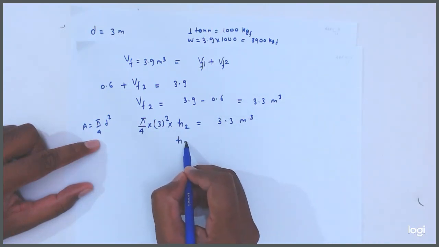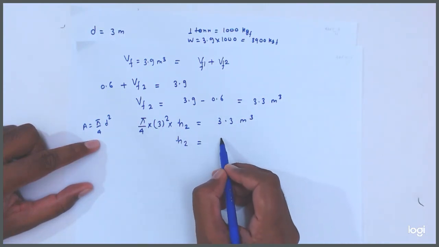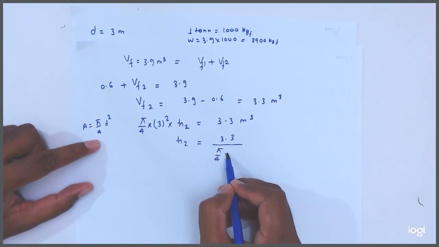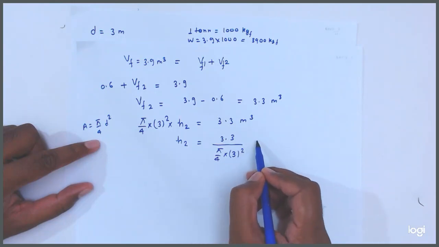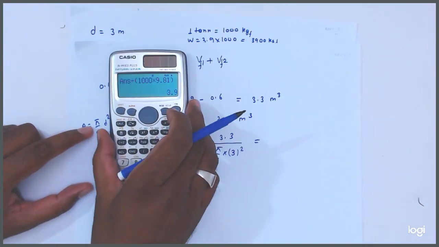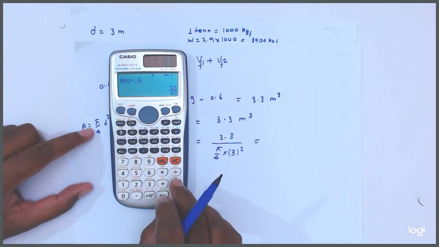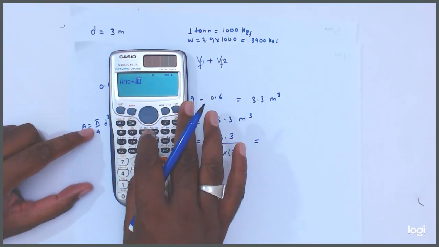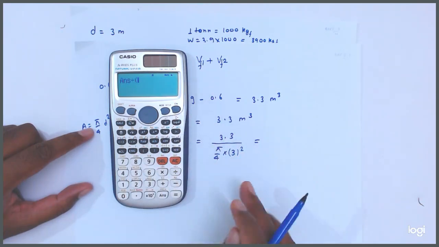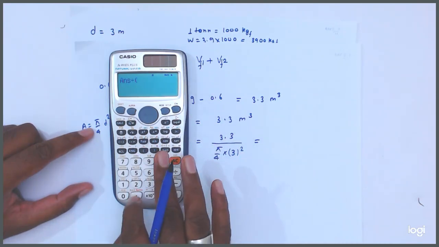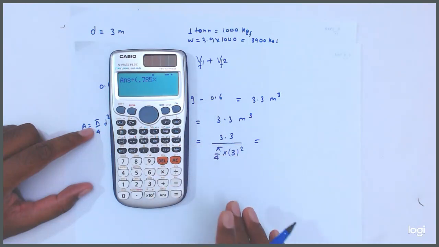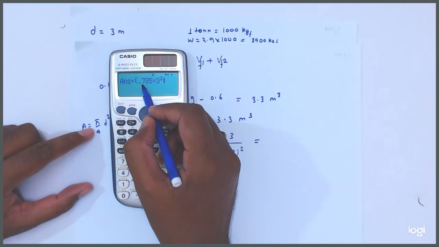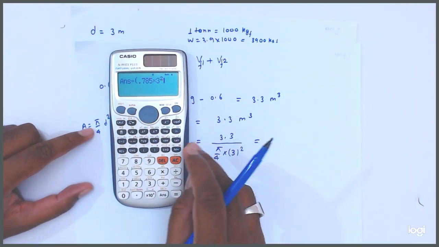So what is the height H2, friends? H2 is equal to this 3.3 divided by pi by 4 into 3 whole square. So what will it give? Here this 3.3 divided by how much? Pi by 4 value is 0.785 into dia whole square.